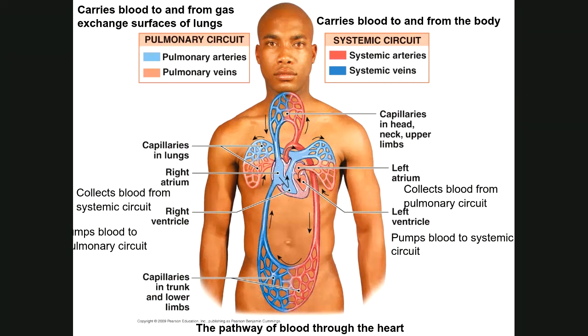The right ventricle will collect the blood from the systemic circuit and pump the blood to the pulmonary circuit, while the left ventricle collects the blood from the pulmonary circuit and pumps the blood to the systemic circuit from the aorta. We will come back to the blood circulation later on. So let's first talk about the location of the heart.